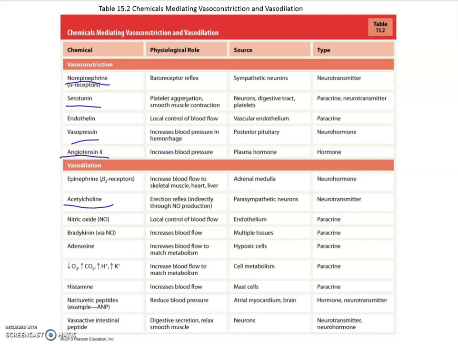A very strong vasodilator is nitric oxide, bradykinin, adenosine, histamine. All of these are playing a role. The atrial natriuretic peptide is also playing a role, so this will be down here. So these are factors that are contributing to the final diameter of blood vessels.